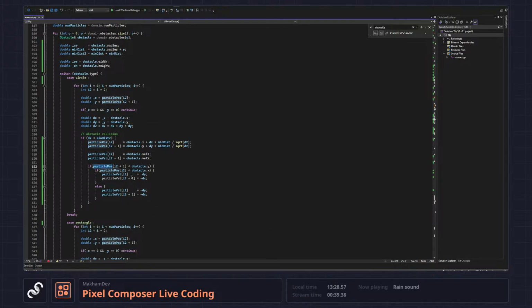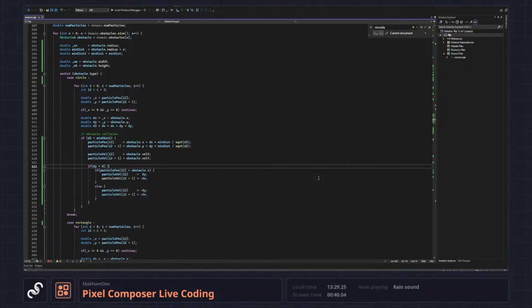Do some sanity check on the position. Okay, actually this is just dy, right? We could say if dy, which is the particle y minus the obstacle y, is less than 0, which means the particle y is above the obstacle y.